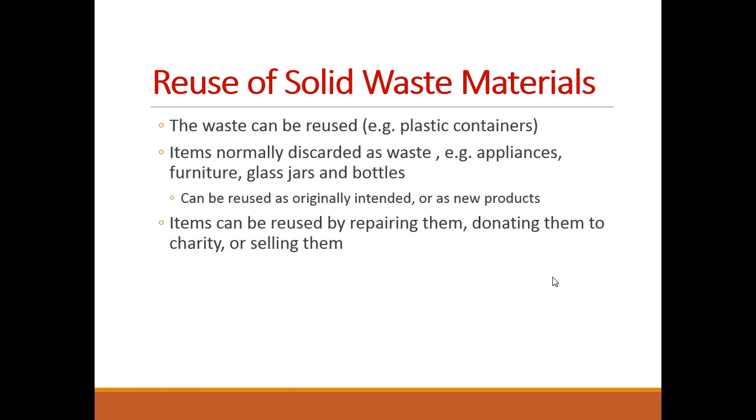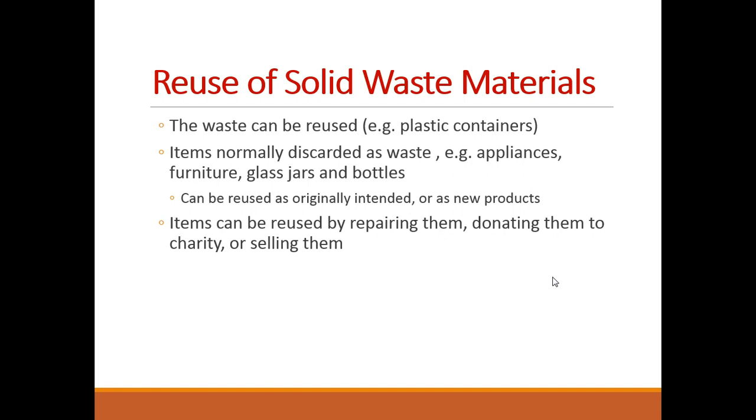Other items that would normally be discarded that could be reused might be appliances, for example. Those can be fixed and even upgraded for reuse in their original form. Furniture could also be reused, and could be repaired.